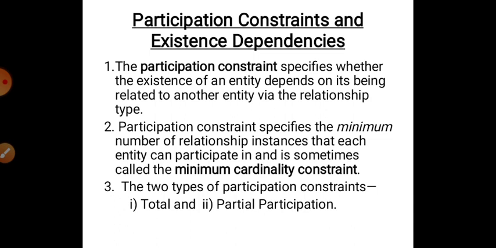Participation constraints specify the minimum number of relationship instances that each entity can participate in, and are sometimes called minimum cardinality constraints. Point number 3. The two types of participation constraints are total and partial participation.